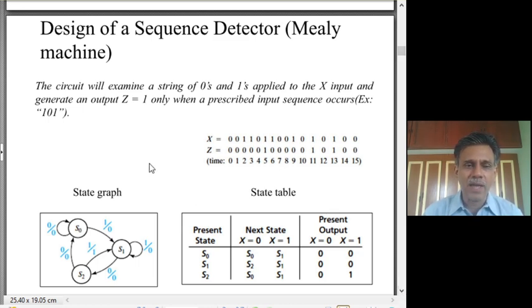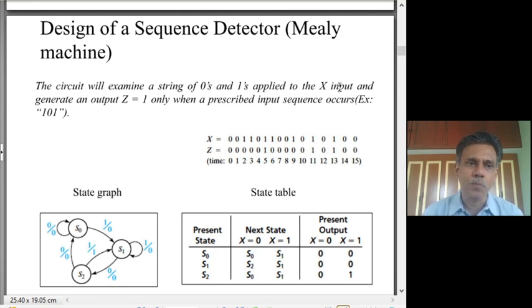So the problem that we are going to address is as follows. We need a circuit that will examine a string, a 1-bit sequence, to keep it very simple, of zeros and ones, of course, because we are looking at only bit sequences. That is applied to an input called X input to a machine.